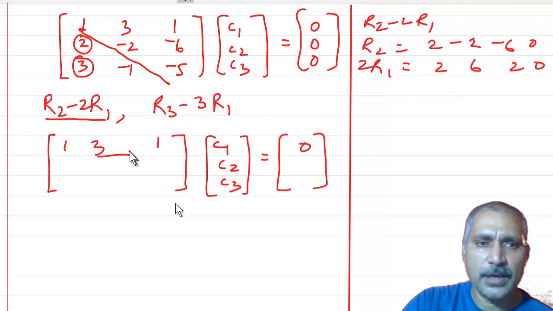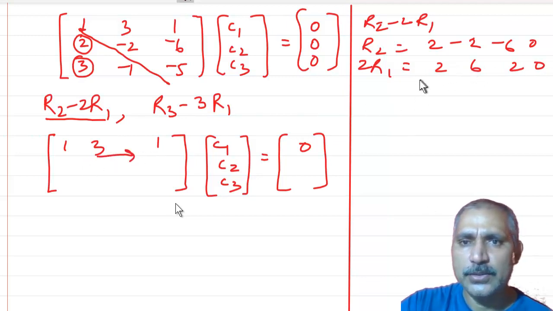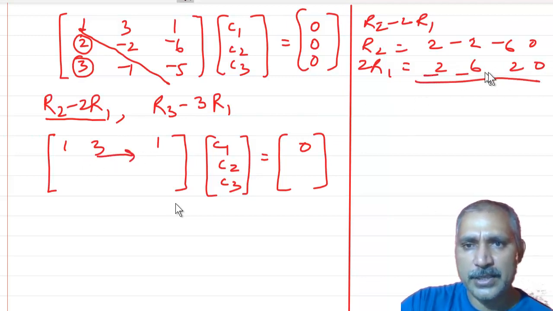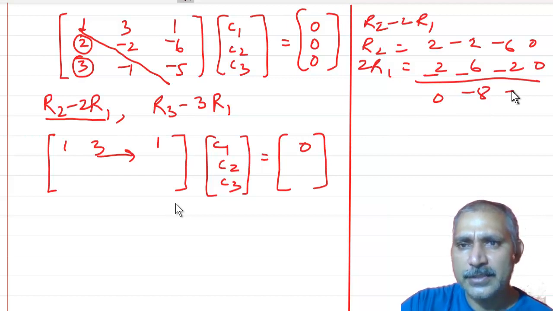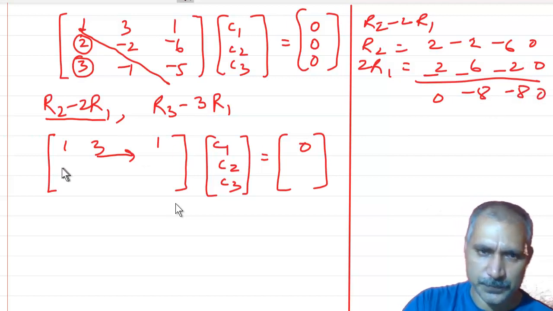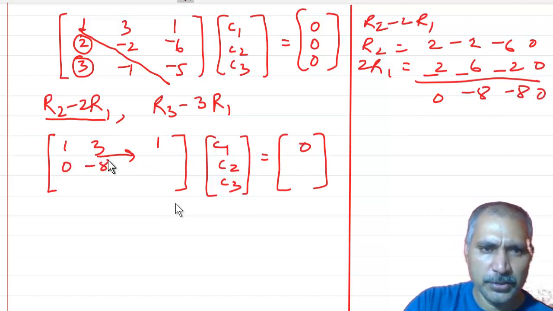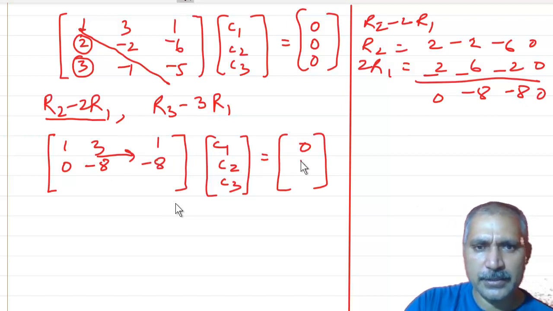Here this is R1, we are multiplying it by 2. Now we have to subtract, so the sign will change. This is going to be 0, minus 2 minus 6 is minus 8, this is also minus 8, this is 0. So we got 0, minus 8, minus 8 and 0 here.